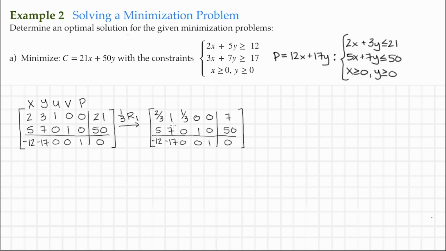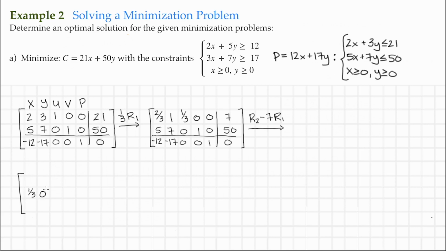So now we could target this element here. So that's row 2 minus 7 of row 1. So we'll continue down over here. 2/3 times 7, that's 14/3. 5 minus 14/3 is 1/3. 1 times 7 is 7. 7 minus 7, that's 0.